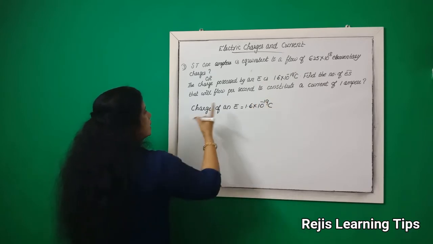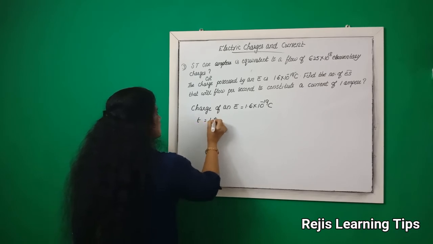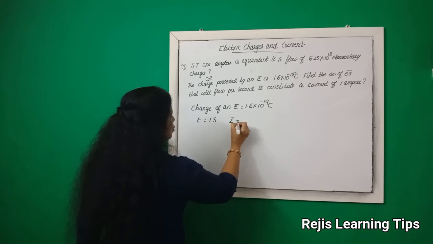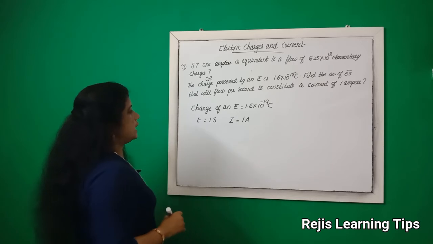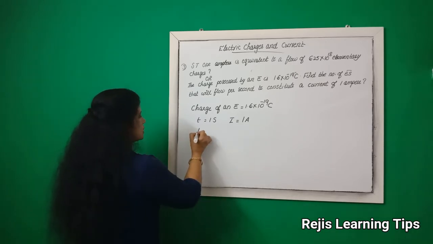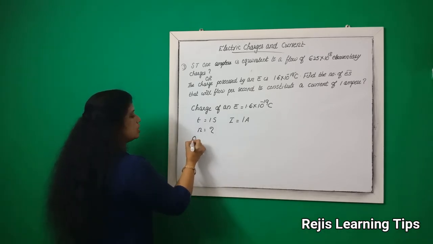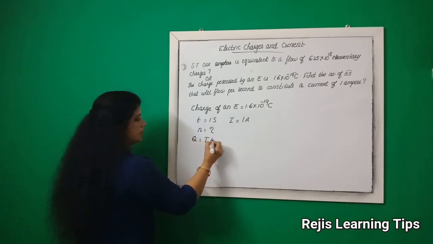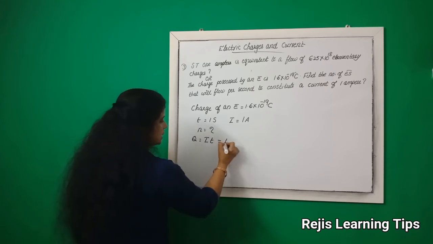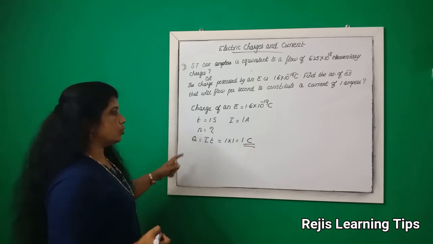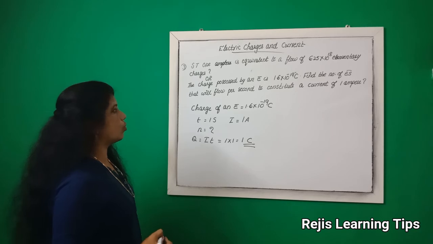Then time is 1 second, and current I is equal to 1 ampere. Then we should find the number of electrons, N. So first we should find Q is equal to I into T, that is 1 into 1 second, then we will get 1 coulomb. Then Q, the amount of charge, is equal to 1 coulomb.